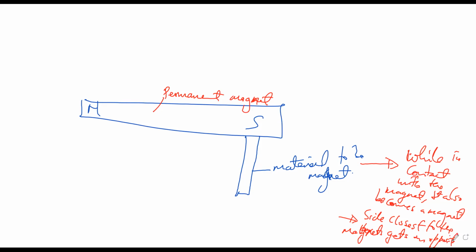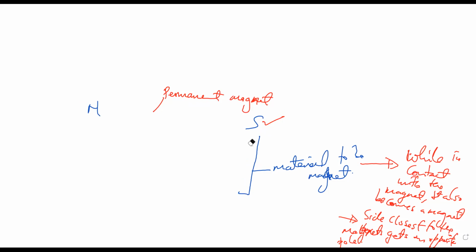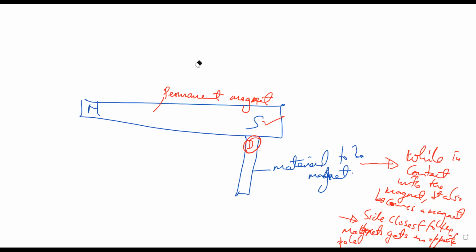So Sunil, if this is south, what would be the polarity here? North. Very good. It would be the north. So this will be the north, and then this one becomes the south.